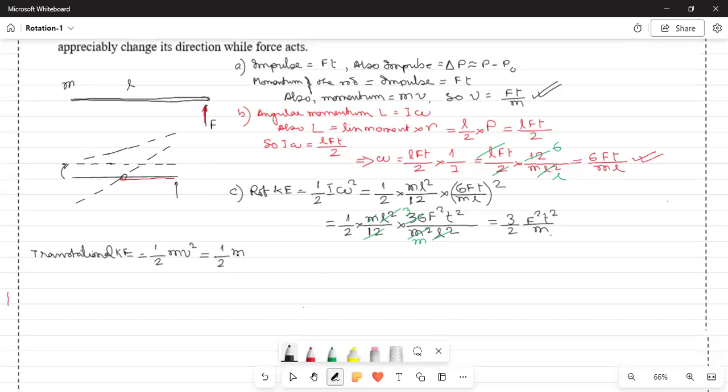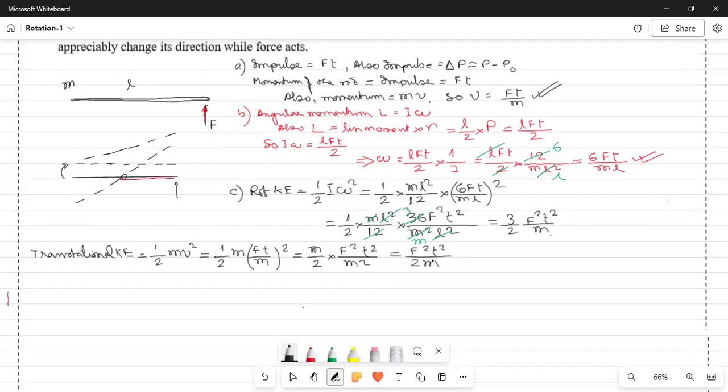We have found v is Ft by m in part A. So this is Ft by m whole square. This is equal to half m, or we write m by 2 into F square t square divided by m square. So this is equal to F square t square by 2m.